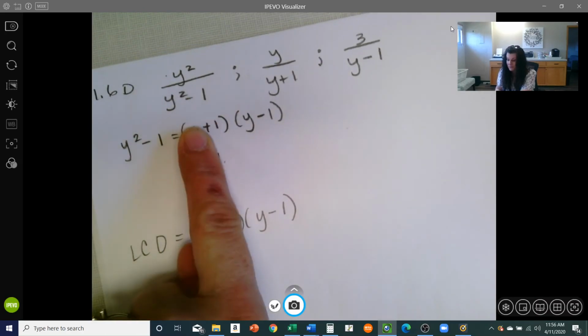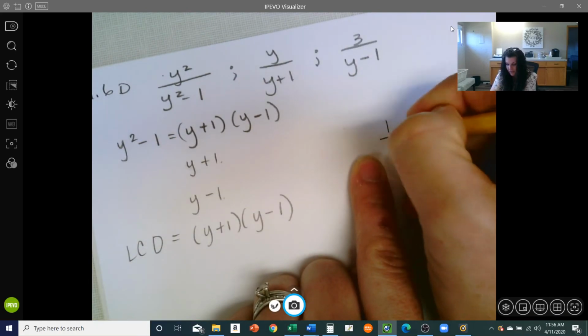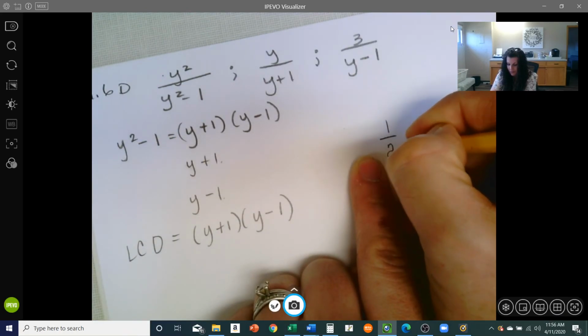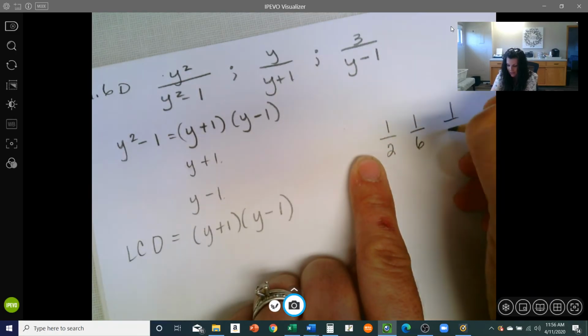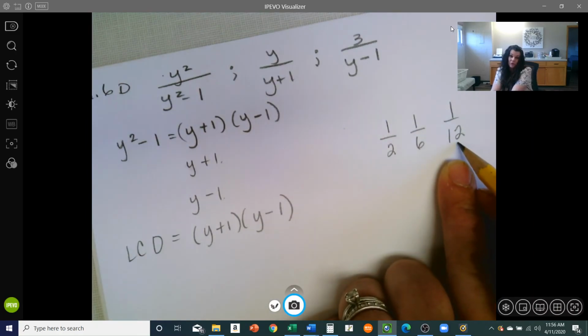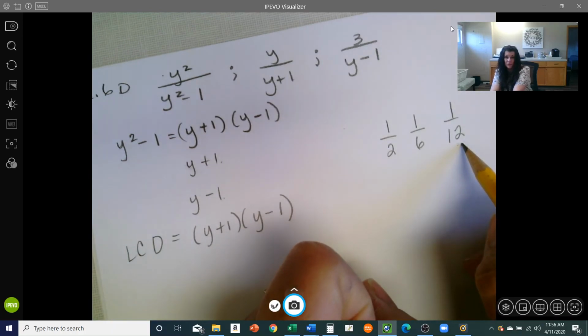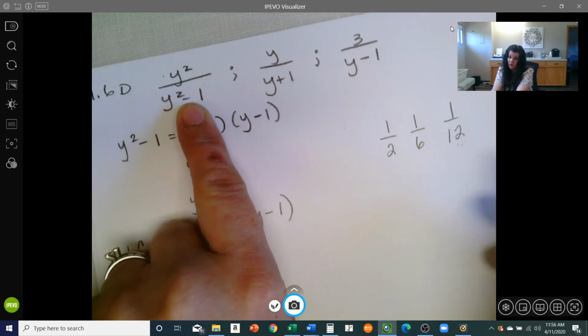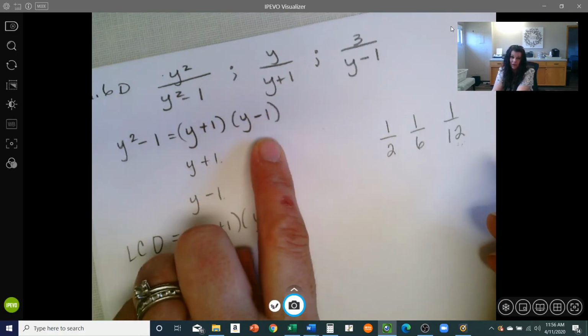So that happens. Think about when we're adding fractions, and let's say we have like a half and a sixth and a 12th. The 12 would be your common denominator because 6 goes into it and 2 goes into it. So this would be like that, where this is my common denominator because y plus 1 goes into it and y minus 1 goes into it.